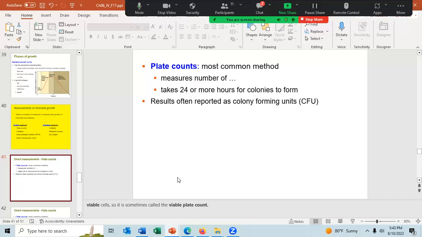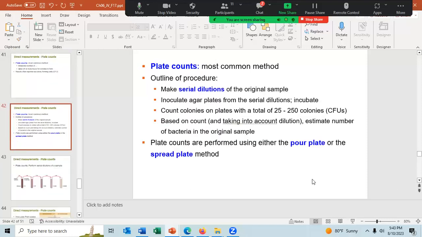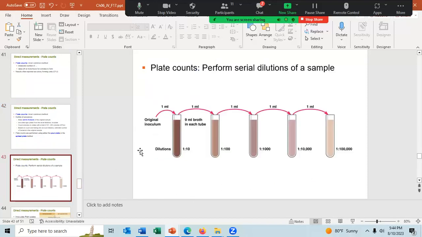So we count them as colony forming units per mil. As I stated, the plate count or viable plate count is the most common method used in microbiology. It starts by making a serial dilution of your original sample. So here we have our original sample, and the bacteria numbers would be too high in the original sample.